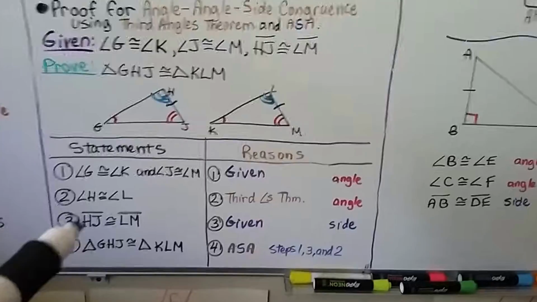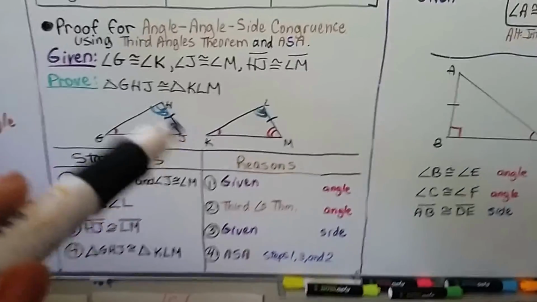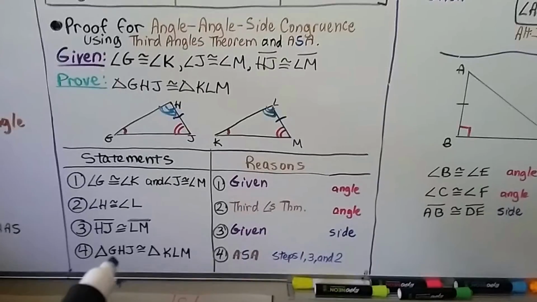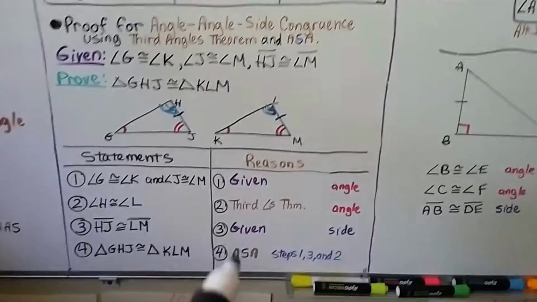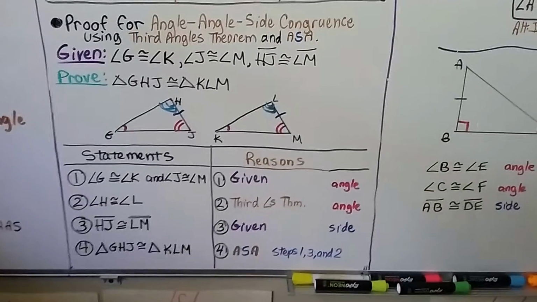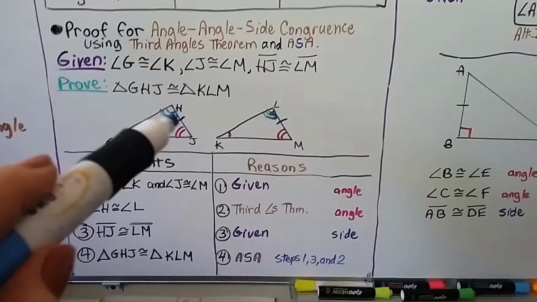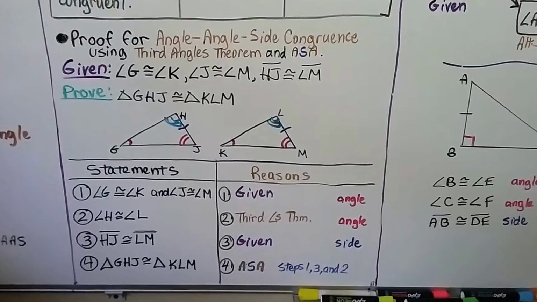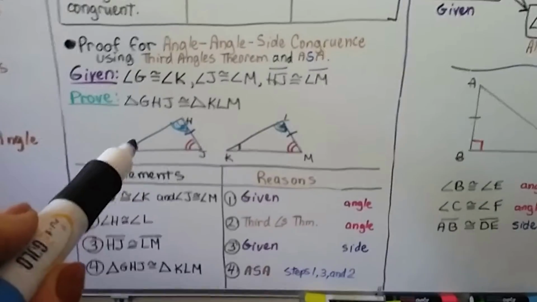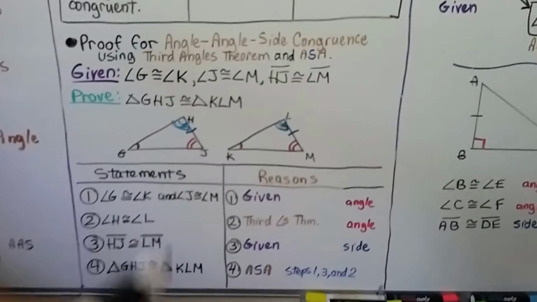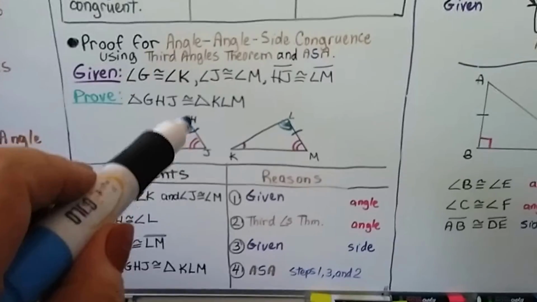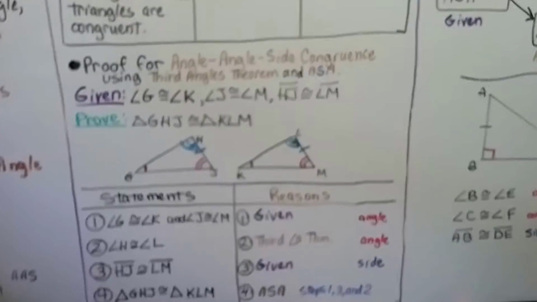We've got segment HJ is congruent to LM, and we've got triangle GHJ is congruent to triangle KLM because of angle side angle from steps 1, then 3, then 2. We've got an angle, a side, and an angle by using that third angles theorem. See that? And we started with angle side, didn't we? But that third angles theorem helped us with these being congruent, so we could do angle side angle.